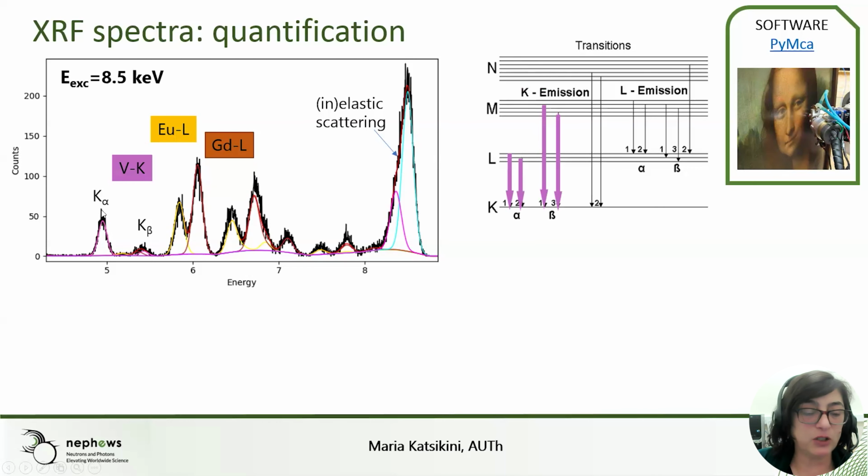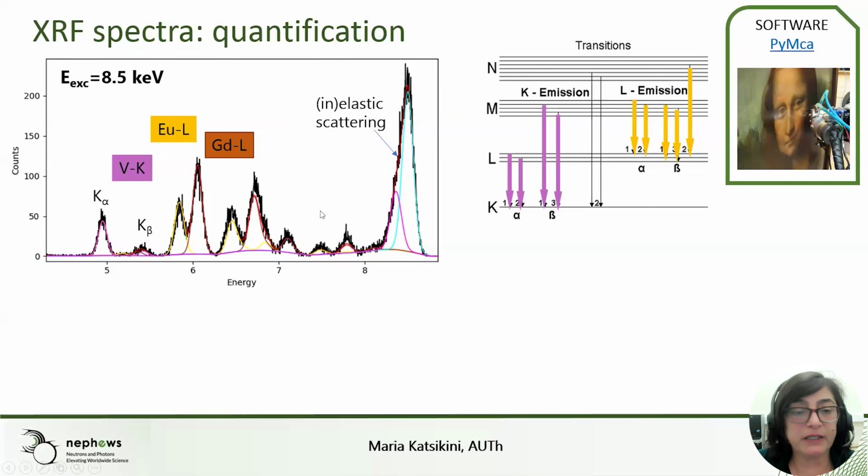In the case of vanadium, we observe two K emission lines, K alpha and K beta, whereas for europium and gadolinium, we have more peaks that originate from L emission.